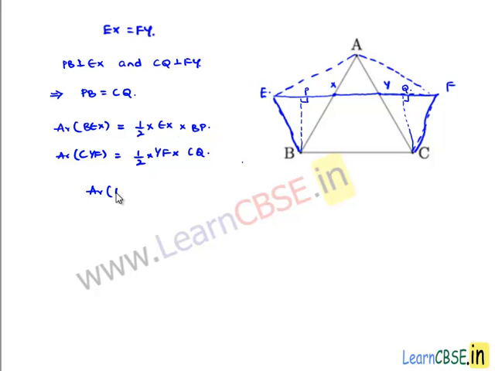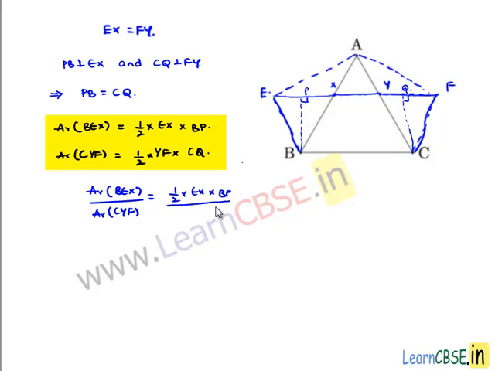Area of BEX by area of CYF is equal to half times EX times BP divided by half times YF times CQ.